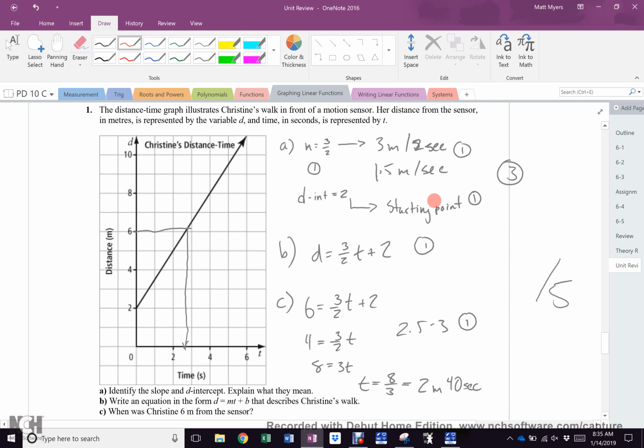Her distance from the camera at time 0 is 2 meters. The slope tells us she's moving 3 meters in 2 seconds, which I'm willing to give you full marks for. But of course, that isn't the best answer, is it? We don't say I'm driving 100 kilometers per 2 hours. We do it in units. So 1.5 meters per second would have been a better answer.